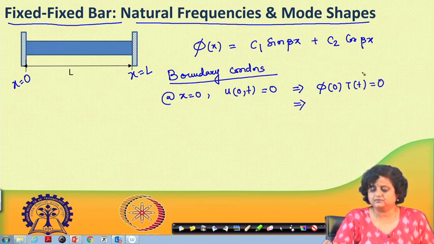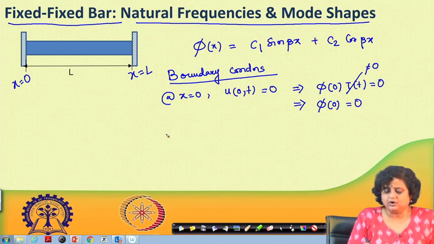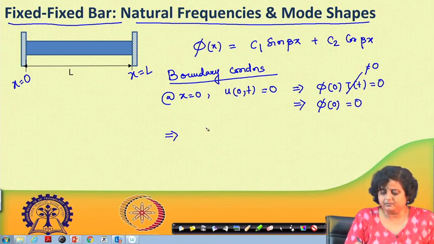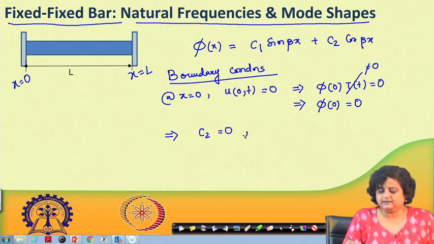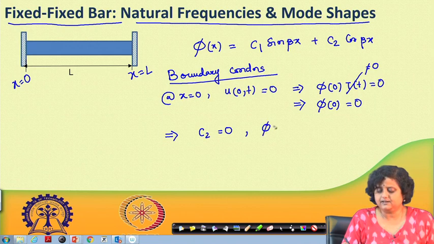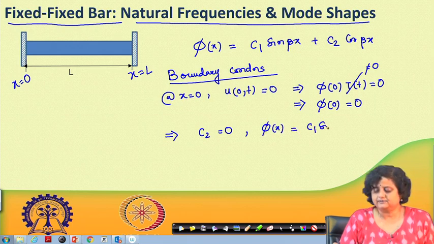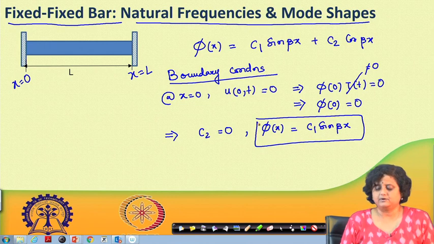Therefore, by using similar logic, T t cannot be equal to 0, so phi 0 has to be equal to 0. This is going to make C2 equal to 0, and therefore my phi x is going to be C1 sin beta x by imposing the first boundary condition.